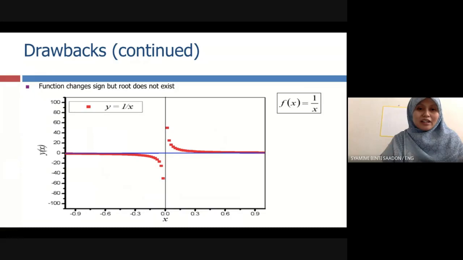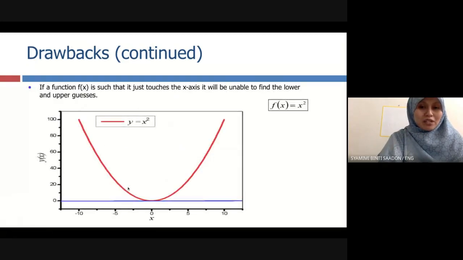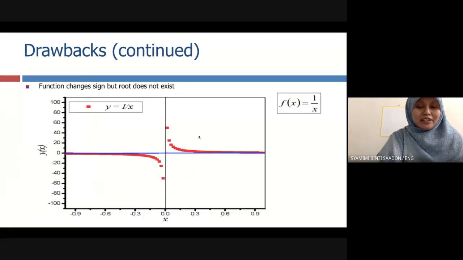Next, the function f(x) is 1 over x. We have this graph for 1 over x. This time the function changes signs. This side is only positive, and this side it changes sign. We have negative and positive values.